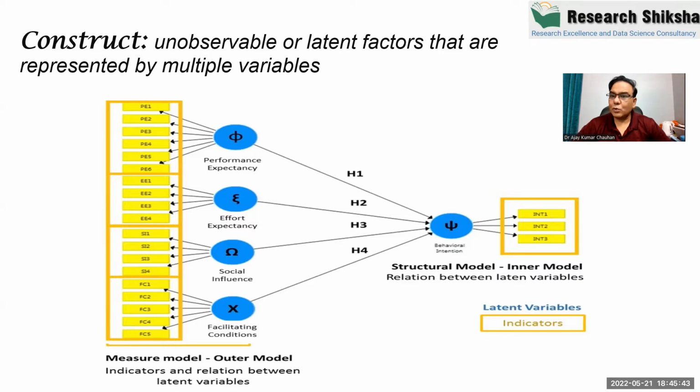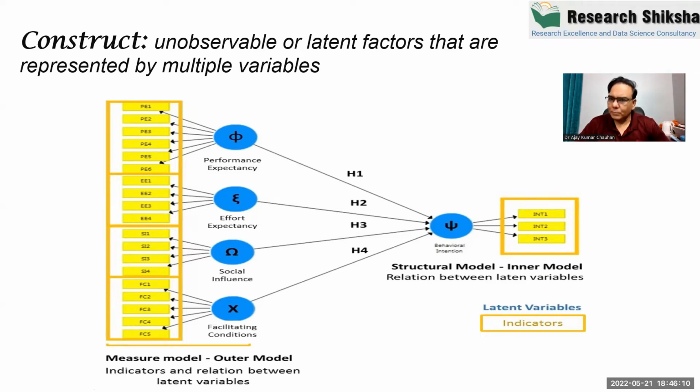In this diagram, you can see the arrows. There are 2 types of arrows in this diagram. This is arrow 1, arrow 2, arrow 3, arrow 4, and these are 3 arrows, and some arrows here also. So I divide these arrows into 2 categories.